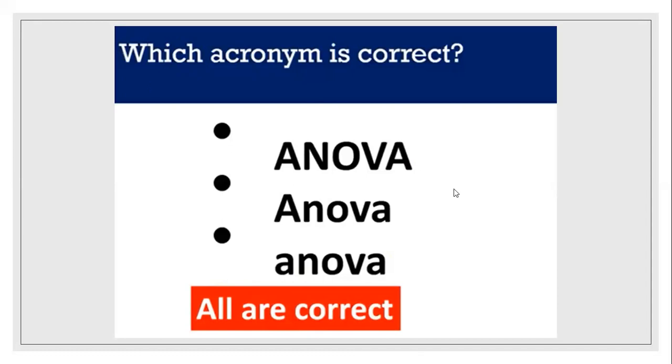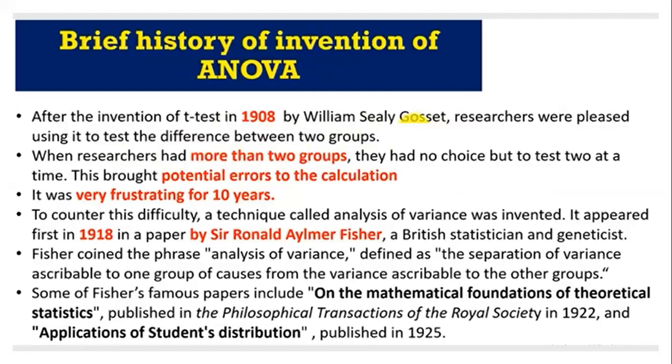All are correct. Now let's talk a bit on the history, kind of a brief history of the invention of ANOVA. Remember when we talked about the t-test, it was actually invented by Gosset, a researcher who was using it to take the difference between just two groups. When we're talking about the t-test, it is just for two groups.